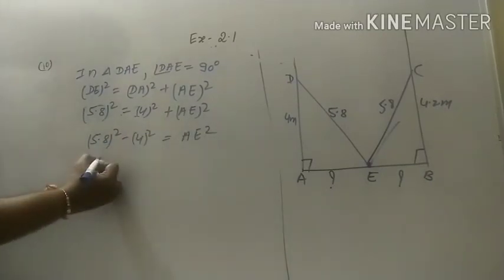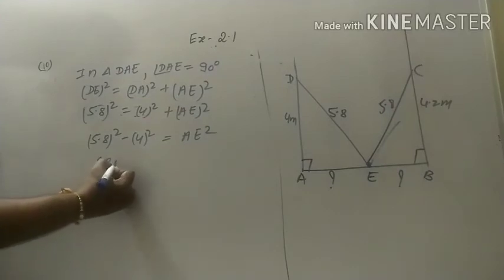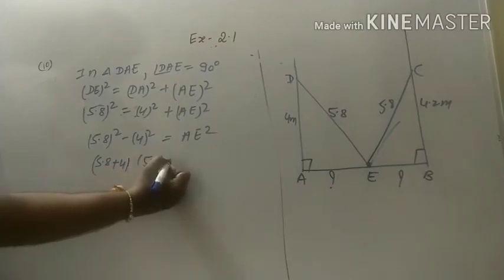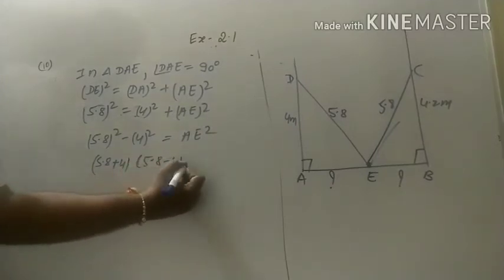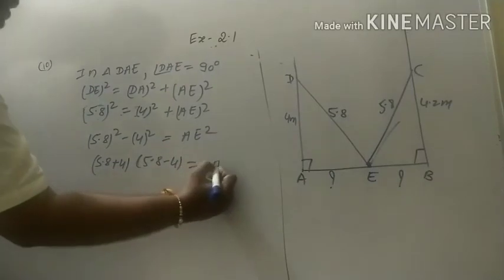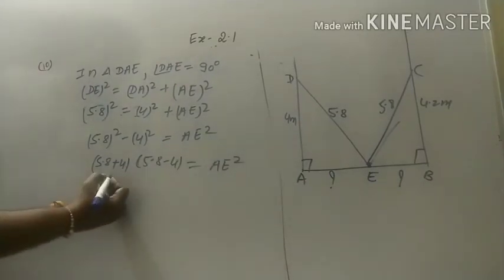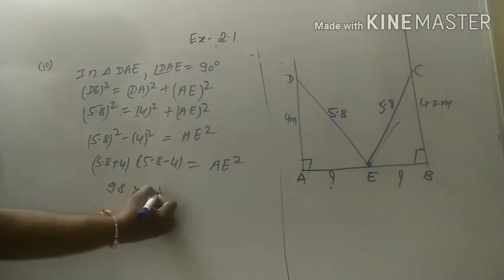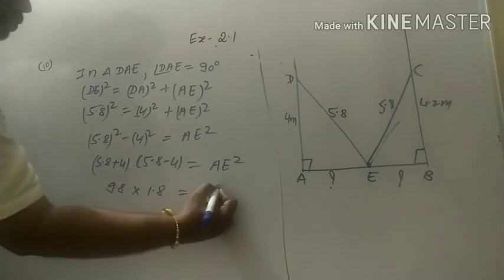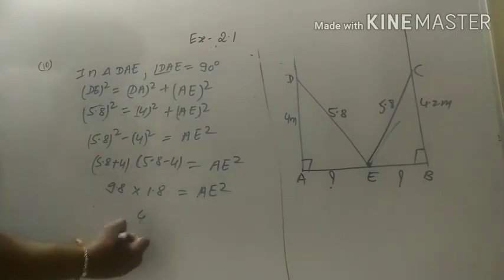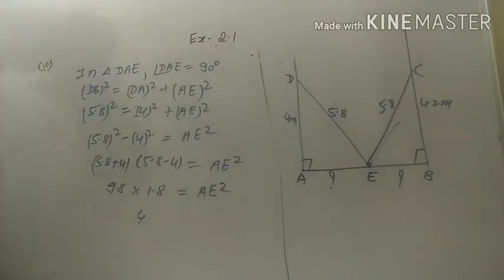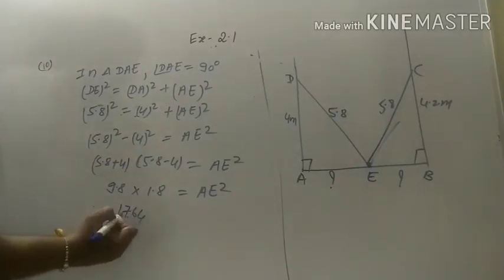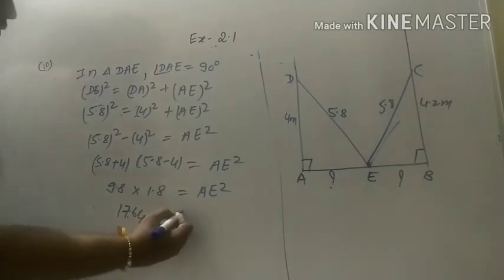Using a plus b, a minus b, that is 5.8 plus 4 and 5.8 minus 4, so 9.8 into 1.8 is equal to AE square. 18 8s are 144, 18 9s are 162 plus 14 is 176. So 17.64 is equal to AE square.